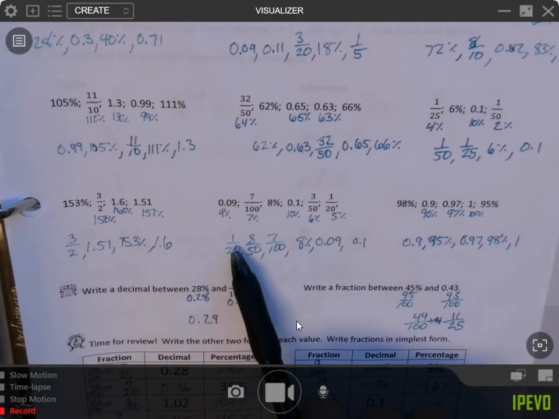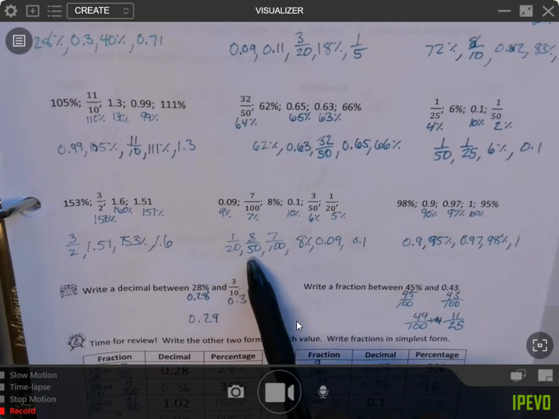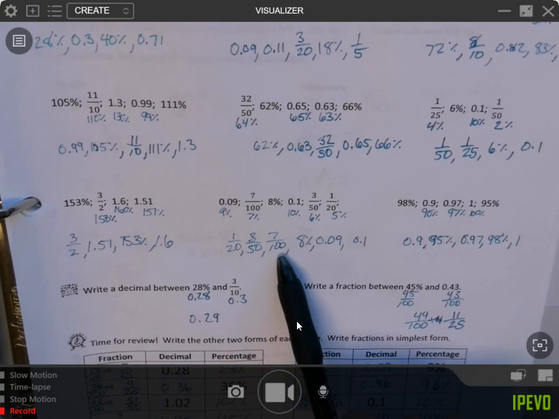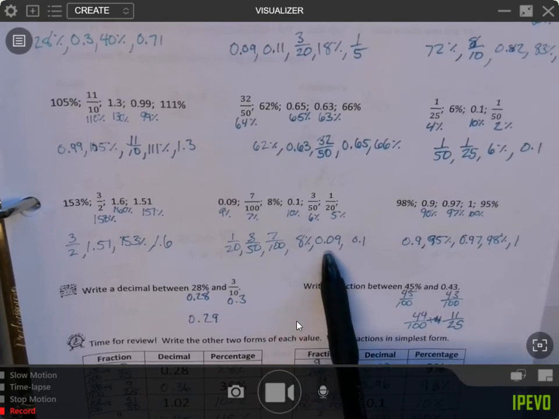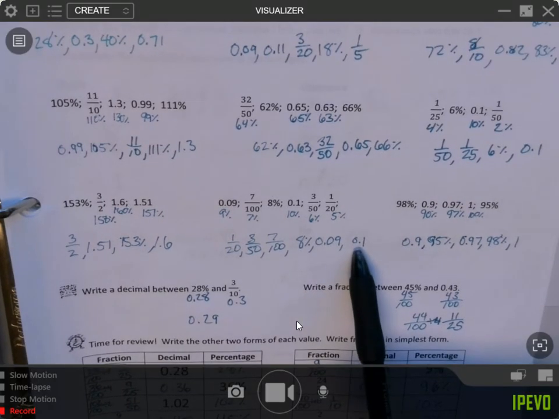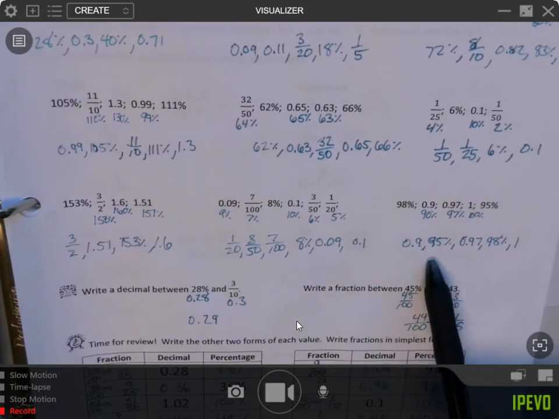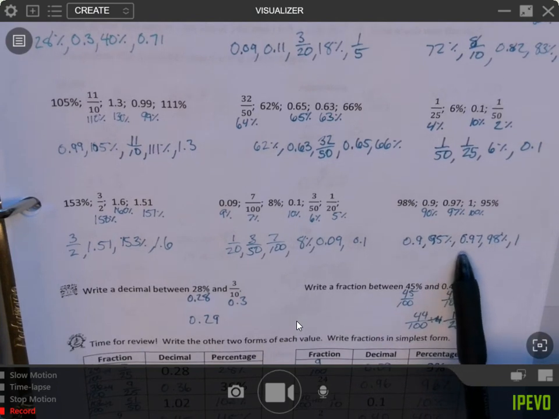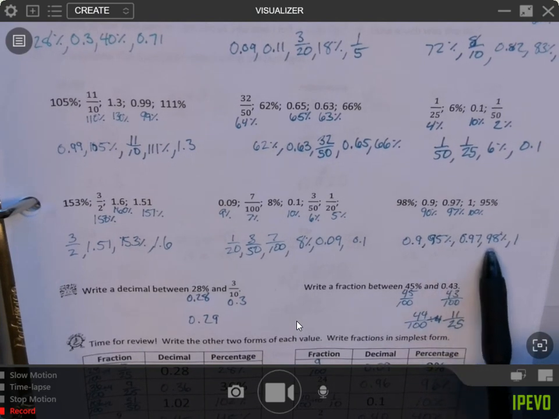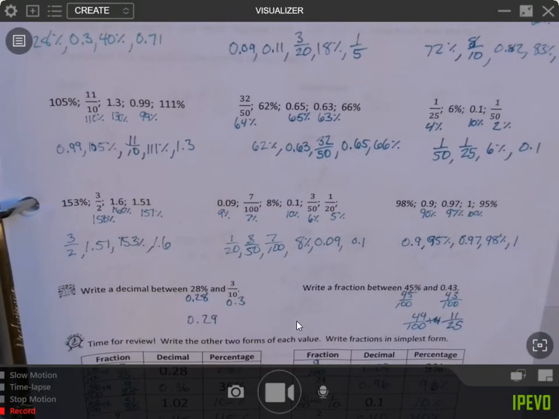The middle one is 1/20ths, 3/50ths, 7/100ths, 8%, 0.09, 0.1. And the last one is 0.9, 95%, 0.97, 98%, and 1. Any questions on the bottom row?